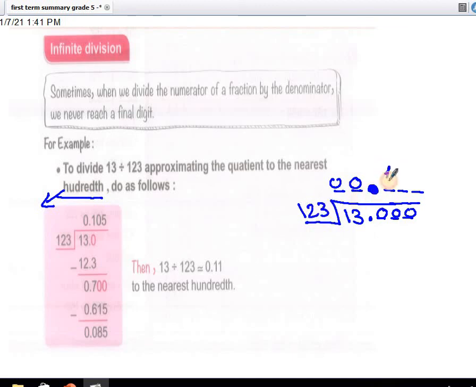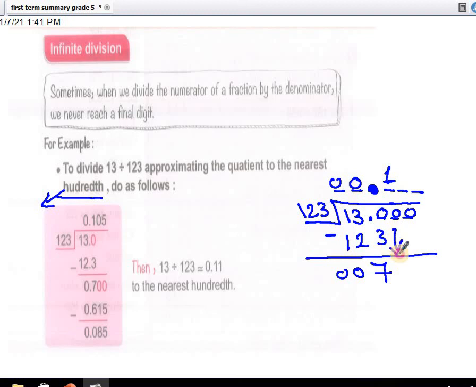It has only one. 1 times 123 is 123 here, and I'm going to subtract 130 minus 123, it will be 7, and here 0 0.